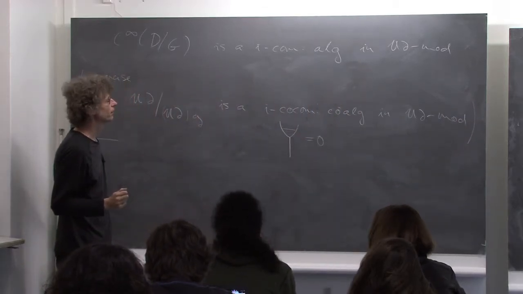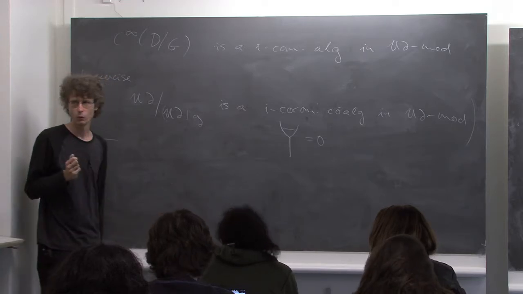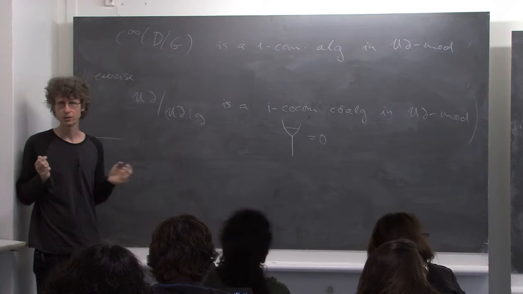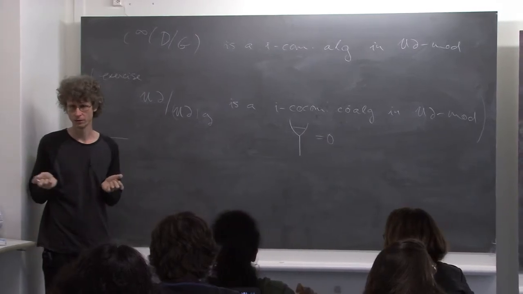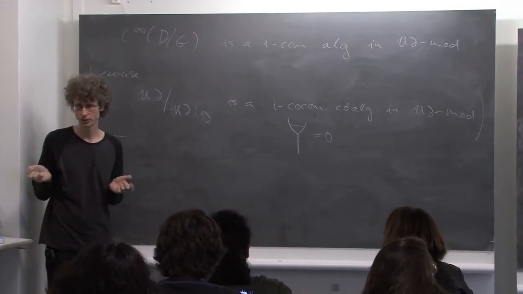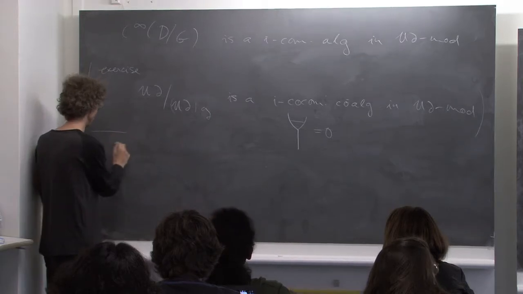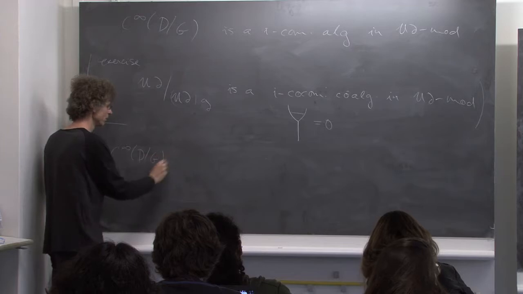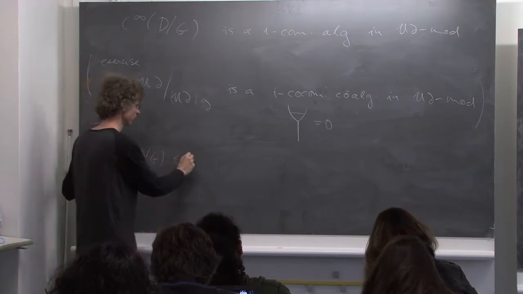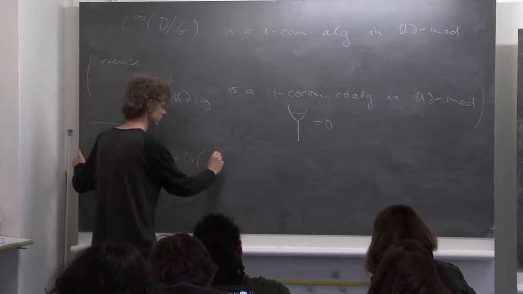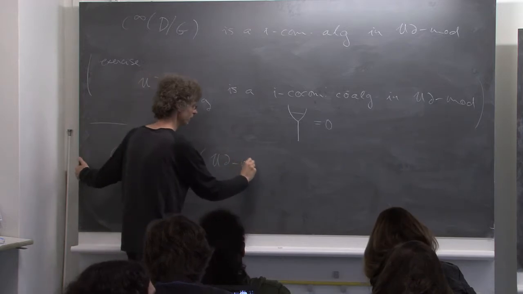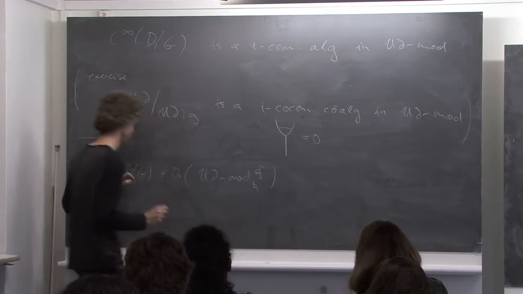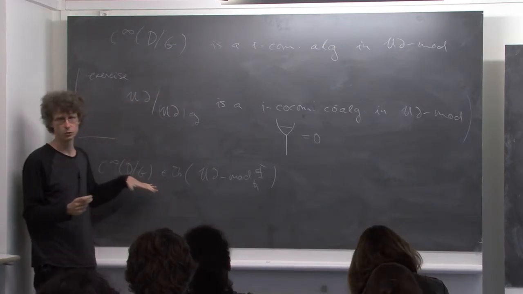Okay, that's nice. So now we can create some commutative algebras in this relatively difficult-looking braided monoidal category, right? So where are we now? We know that C infinity of D mod G as an object in this UD mod H bar phi, this stuff is a commutative algebra.